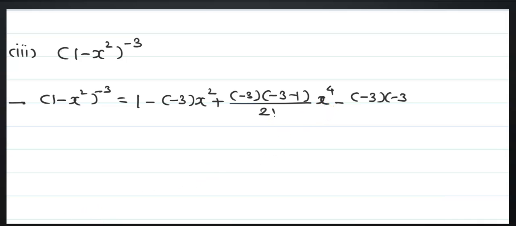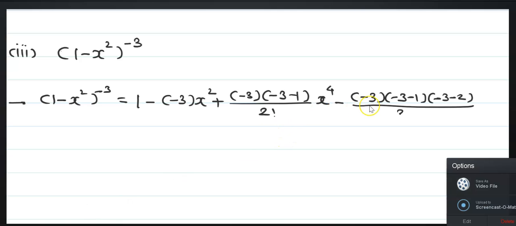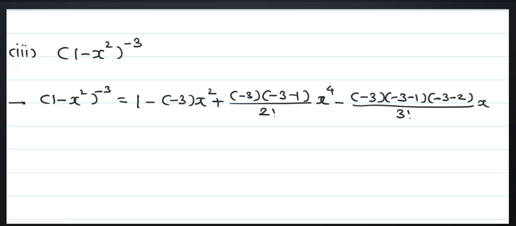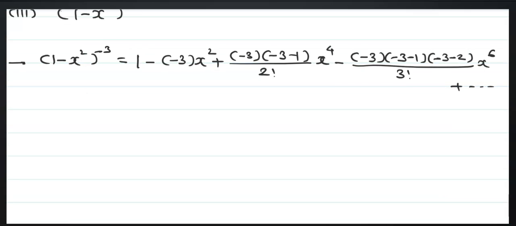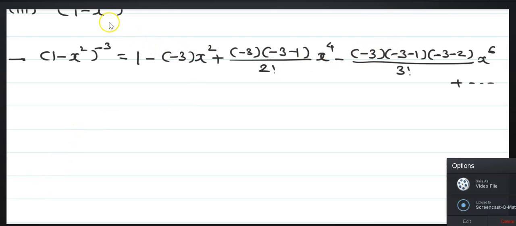That is the square of this x square. Now the next is minus 3 into minus 3 minus 1 into minus 3 minus 2 upon 3 factorial into x raised to 6. That is the cube of x square, and the cube of x square is x raised to 6.